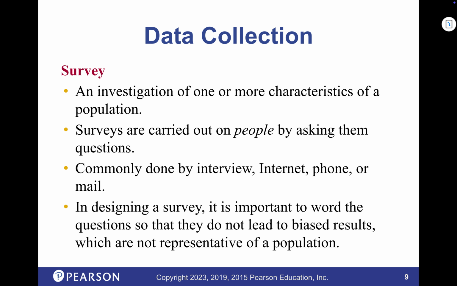As you saw in that example, they ask people questions. It can be done through an interview, orally, through the internet, through the phone or mail, through forms that you fill out. And when you design a survey, it's very important the way that you word the questions. We'll talk about this in a little more detail when we get to bias.